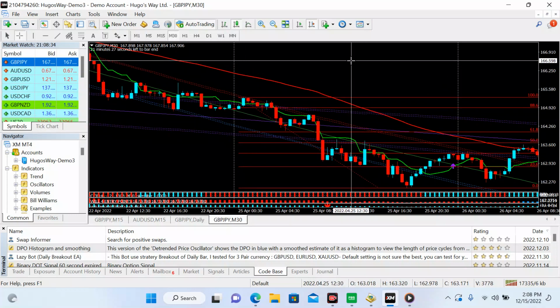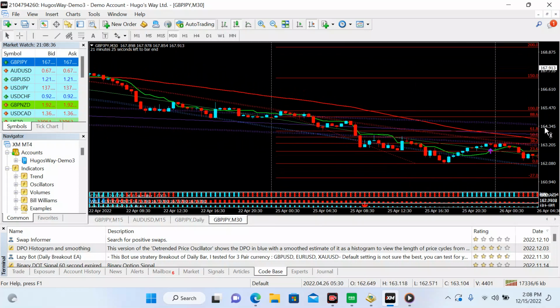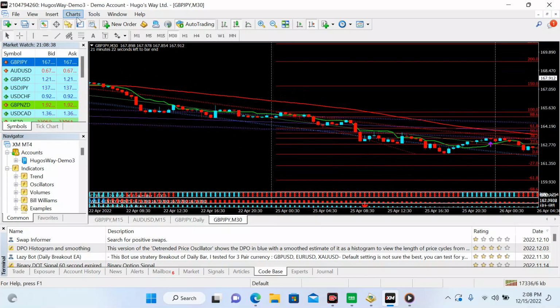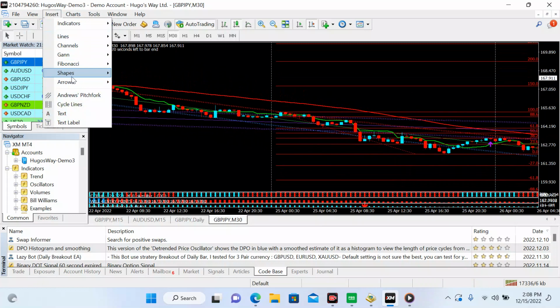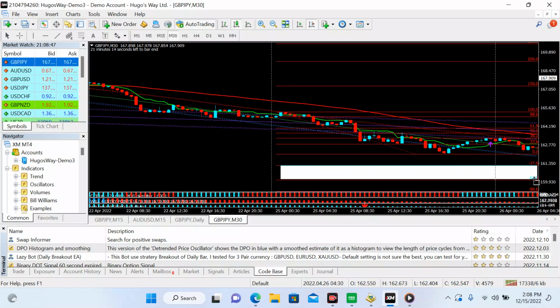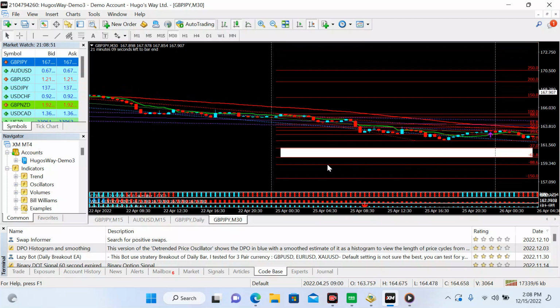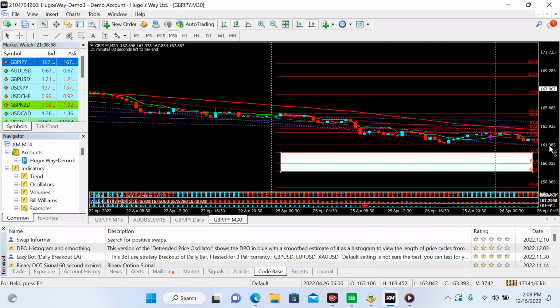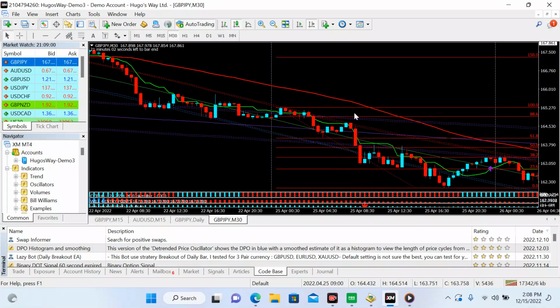My buy area is the negative 27 and the negative 61. I'm buying this whole area right here. If price touched that, I'm looking to enter.